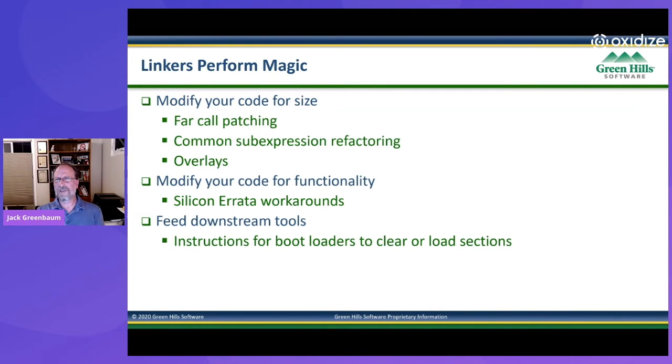And linkers also feed downstream tools. They tell the bootloader what's live, what's not, what needs to be cleared, and where to load things. So linkers are first-class objects in an embedded tool chain, whereas you just don't see them much in the general purpose world.